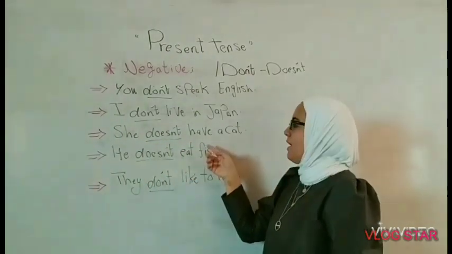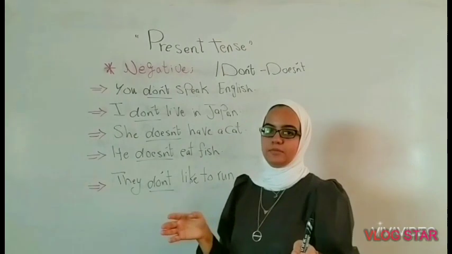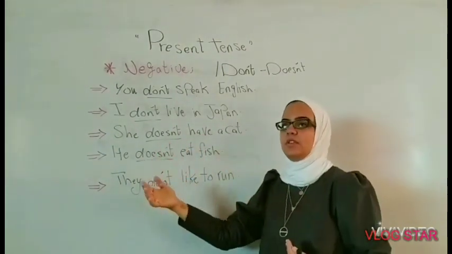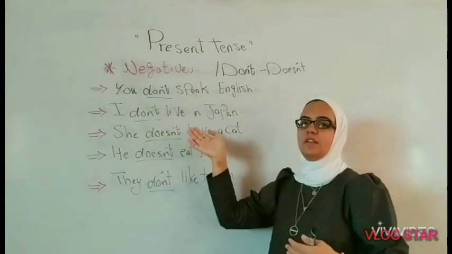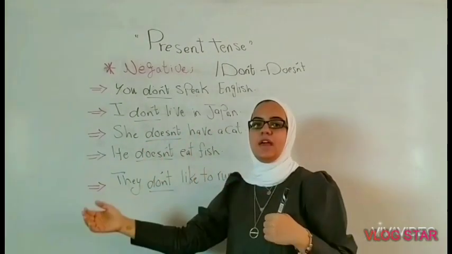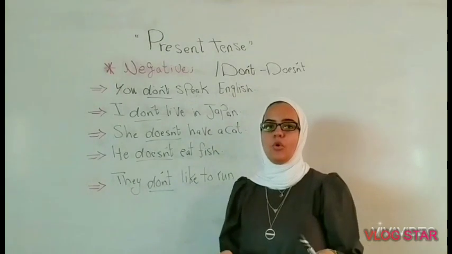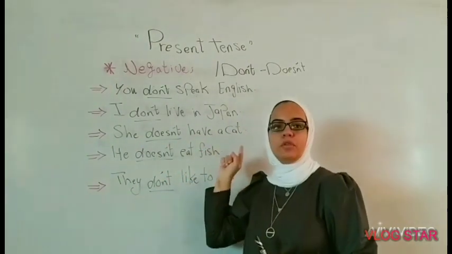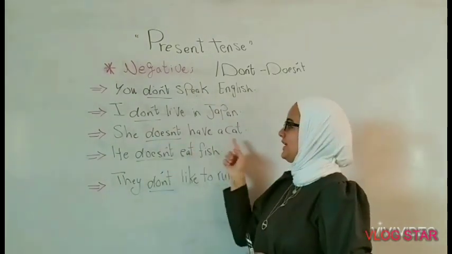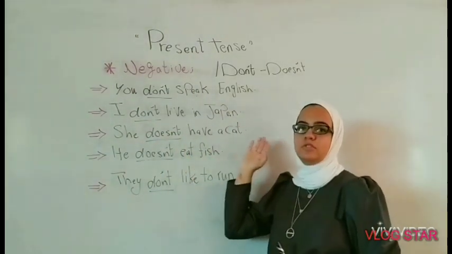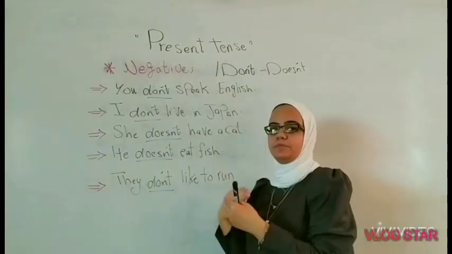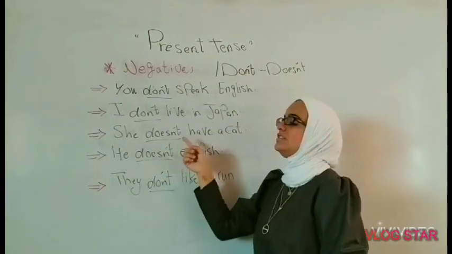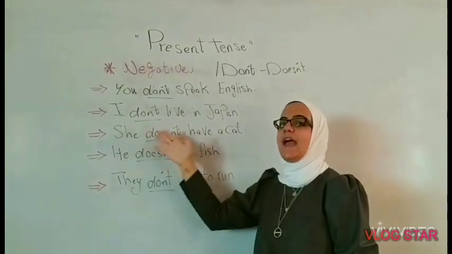Some people make a mistake here, putting the verb have with does, like she doesn't has, and this is completely wrong. We say she doesn't and we put the basic form of the verb have. Or I can say she has a cat. But if I want to put it in a negative sentence, I can say she doesn't have a cat or she hasn't.